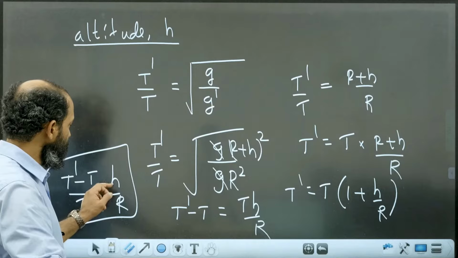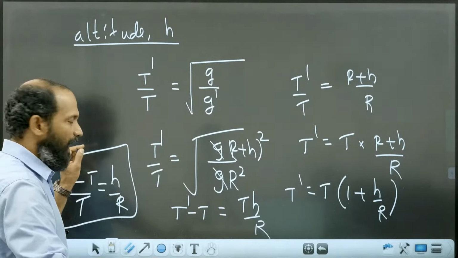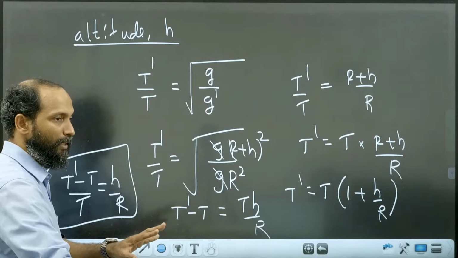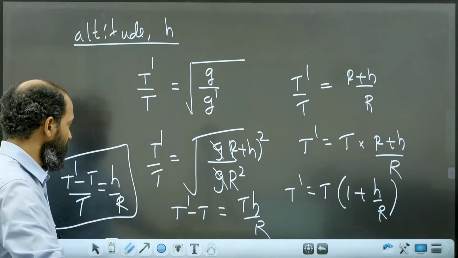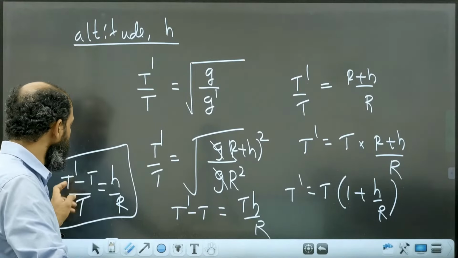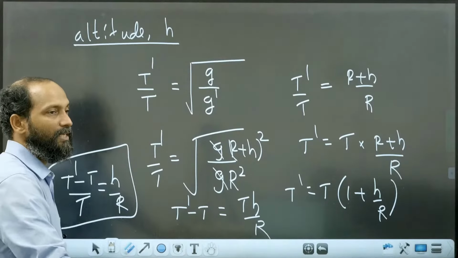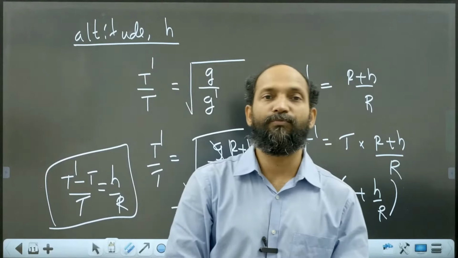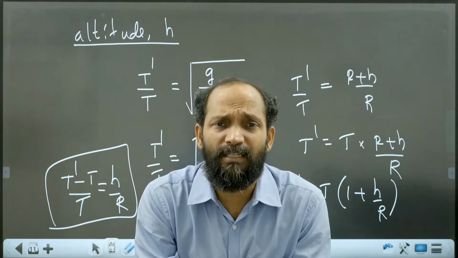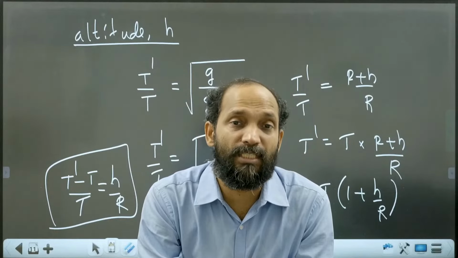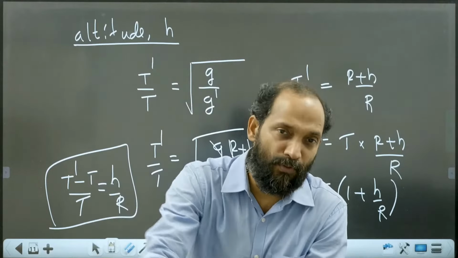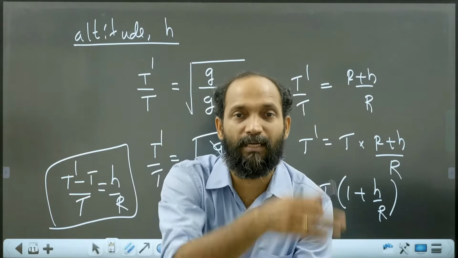If h is equal to r by 2, suppose you are taking the pendulum from the surface to a height half the radius of earth, then you get r by 2 by r, so T dash minus T by T is 1 by 2, that is 50%. So the value of g decreased, due to which periodic time increased by 50%. Oscillations have gone slow. When period increases, it means it takes more time to oscillate once.